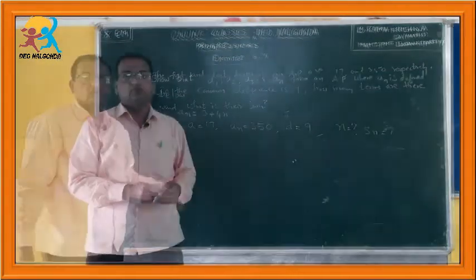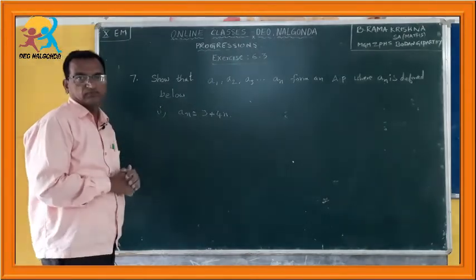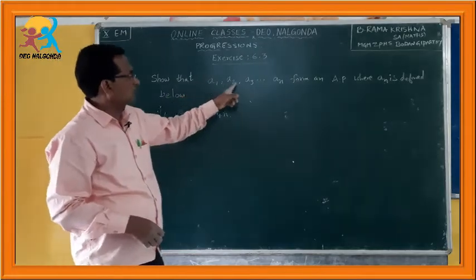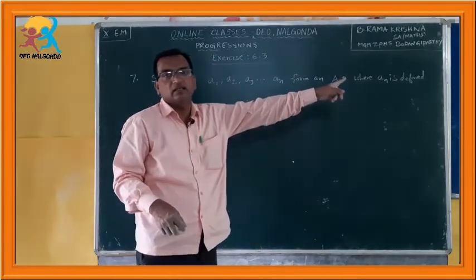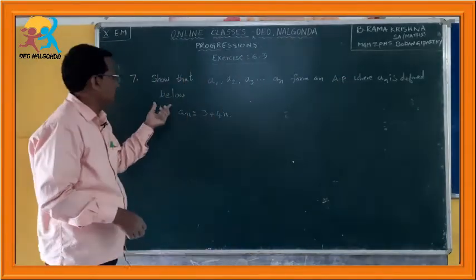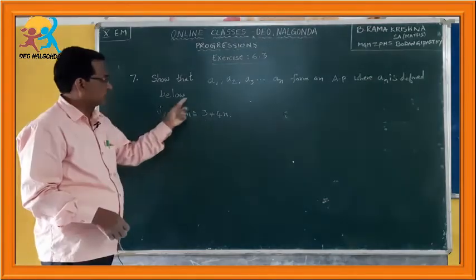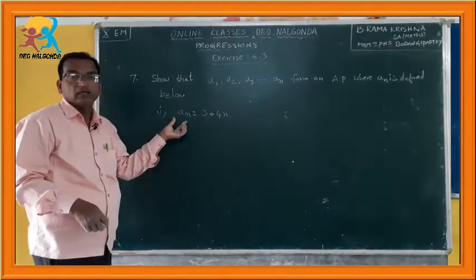Okay, children. We move on to the 7th question. Let me read it for you. Show that A1, A2, A3 up to An form an AP where An, the nth term, is defined as below. So, An is defined, meaning he gave us the nth term.